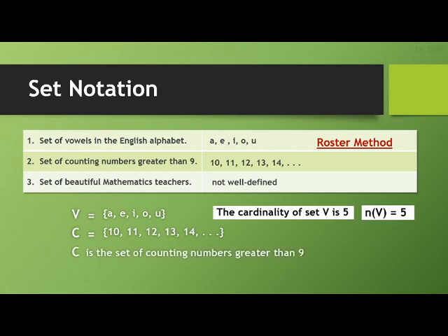So in rule method, it will become C is the set of counting numbers greater than 9. And rule method is written in set builder notation. C is the set of all x such that x is a counting number greater than 9. So that is called set builder notation. And number 3 is not well defined.